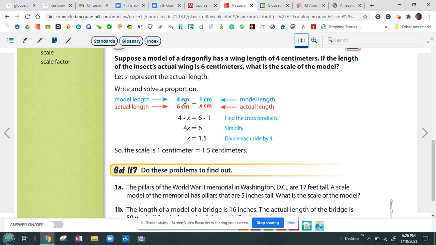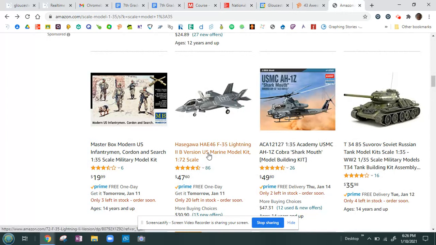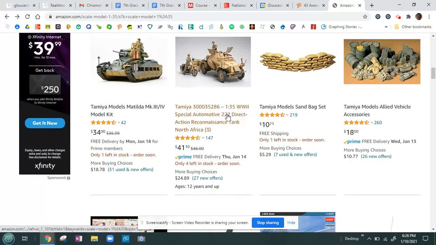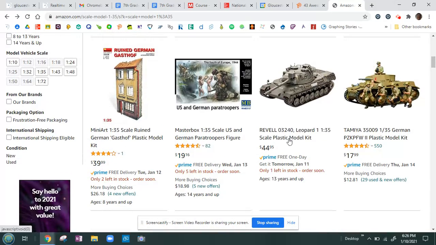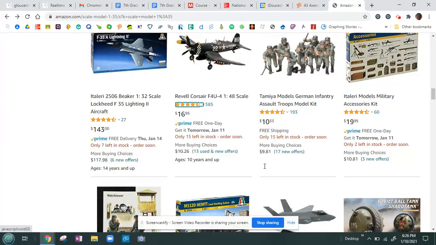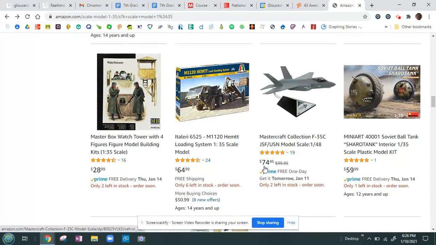Whenever we're finding a scale, we want the model length to be 1, just like on the Amazon ones, it's always 1 to 72, 1 to 35. We had a 1 to 48 up here somewhere. Anyway, there it is, 1 to 48.